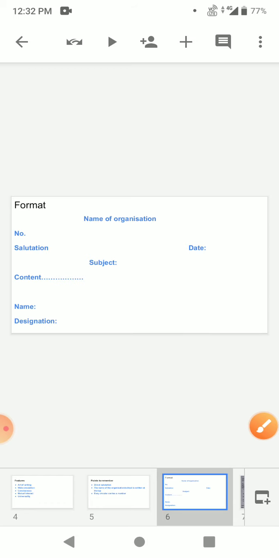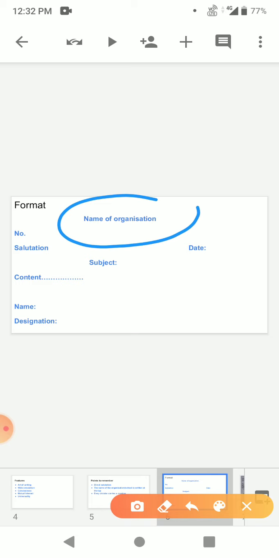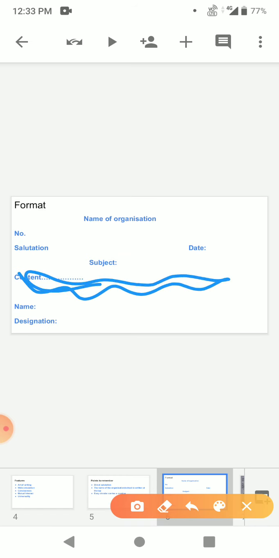So, we have this thing here: name of the organization to be written at the top, then number is important, it carries a number, salutation written here, subject is important like we do write in applications or letters, then date is important, this is the content we are talking about, depends upon the question being asked.